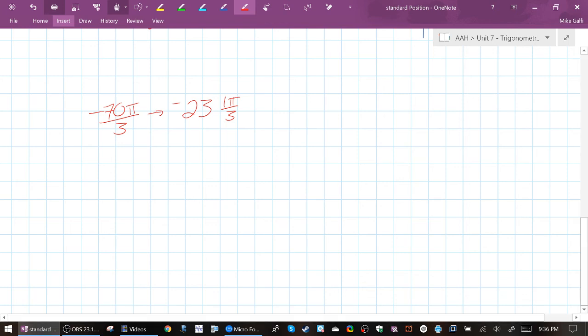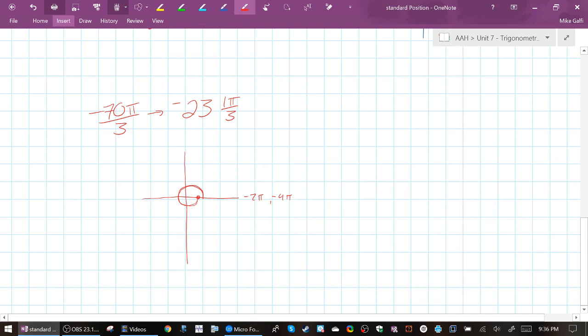Okay, let's do it. It's negative. Negative means from our starting axis, I'm actually moving down. If I move down once, that would be negative 2 pi. If I go around again, that would be negative 4 pi. Every time I go a full rotation, that's 2 pi.